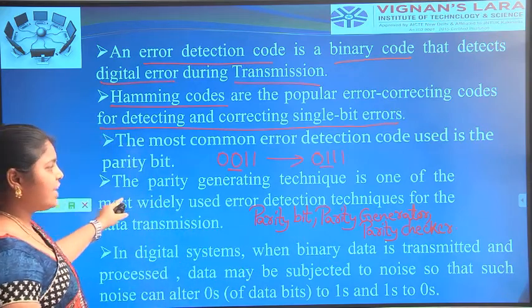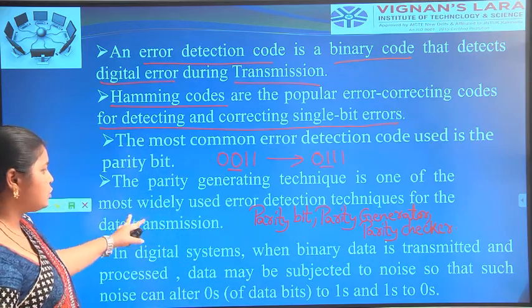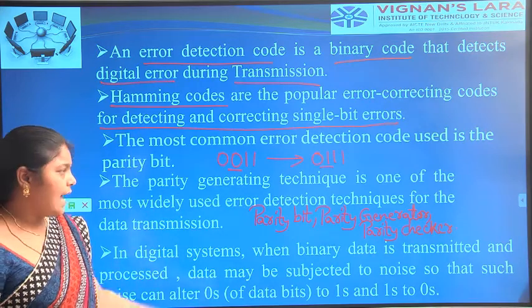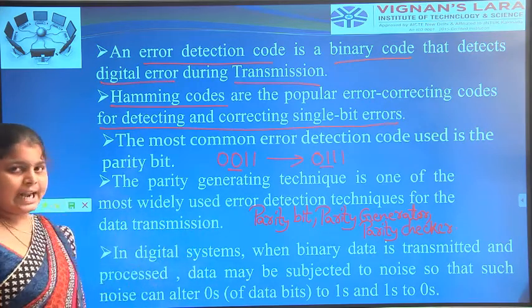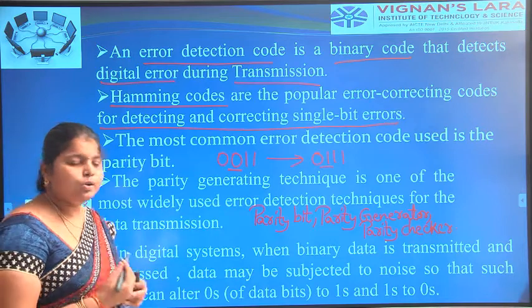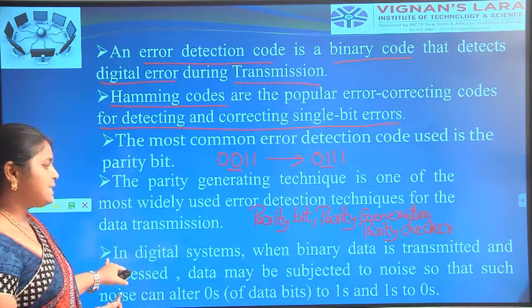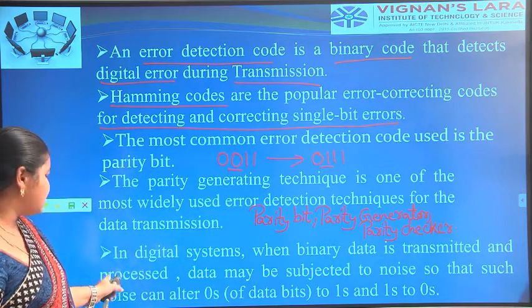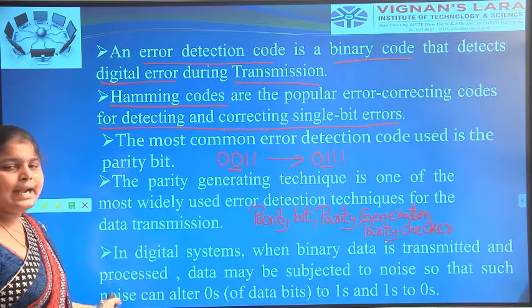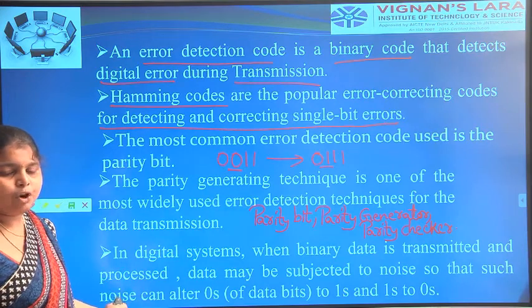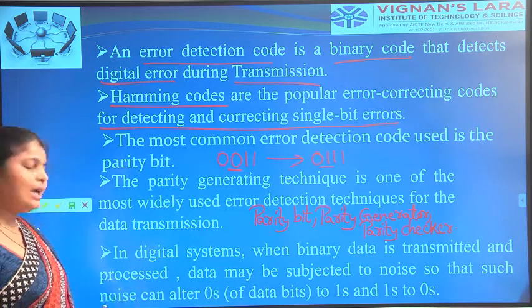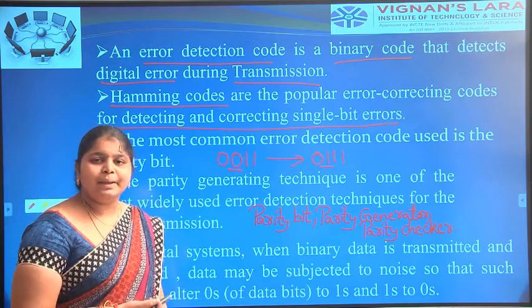The parity generator technique is one of the most widely used error detection techniques for data transmission from sender to receiver. In digital systems, when binary data is transmitted and processed, the data is subjected to noise. What is the meaning of noise?